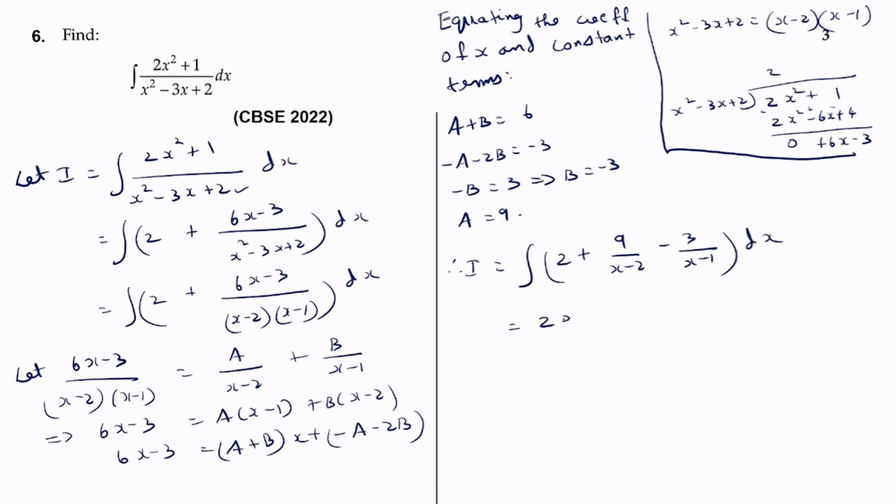Integral 2 dx is 2x plus, integral dx by (x minus 2) is log mod (x minus 2), minus 3, integral dx by (x minus 1) is log mod (x minus 1), plus c. So this is the integral of this function.